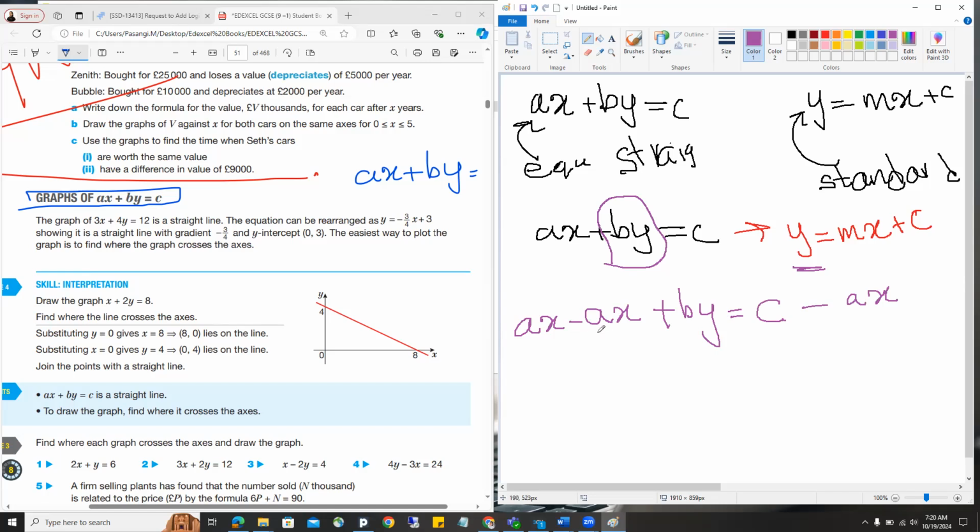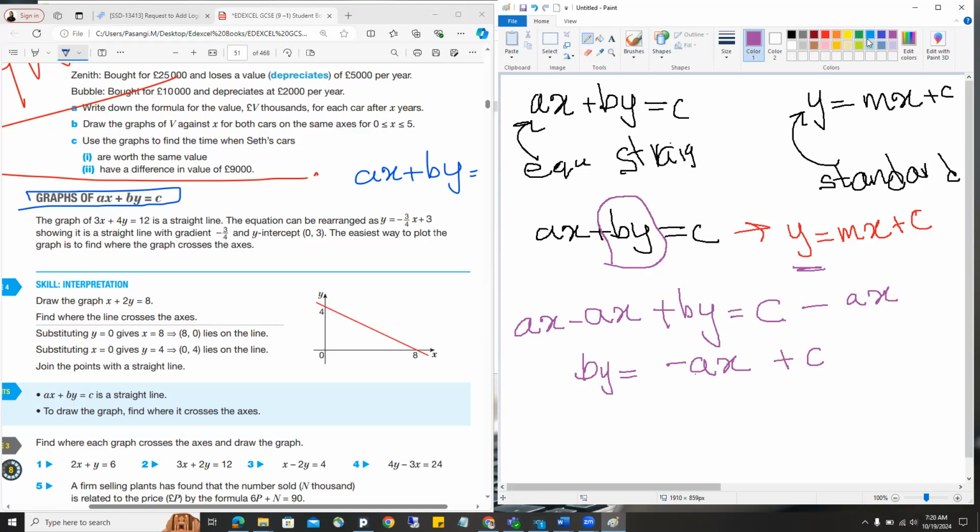Now I removed ax from the left hand side, so I do the same thing for the right side as well. Then we receive by is equals to minus ax plus c.